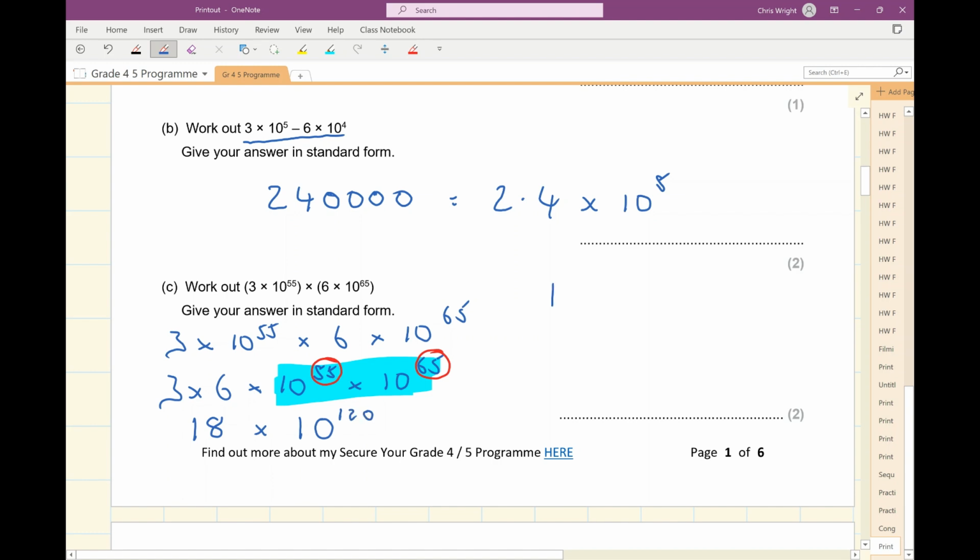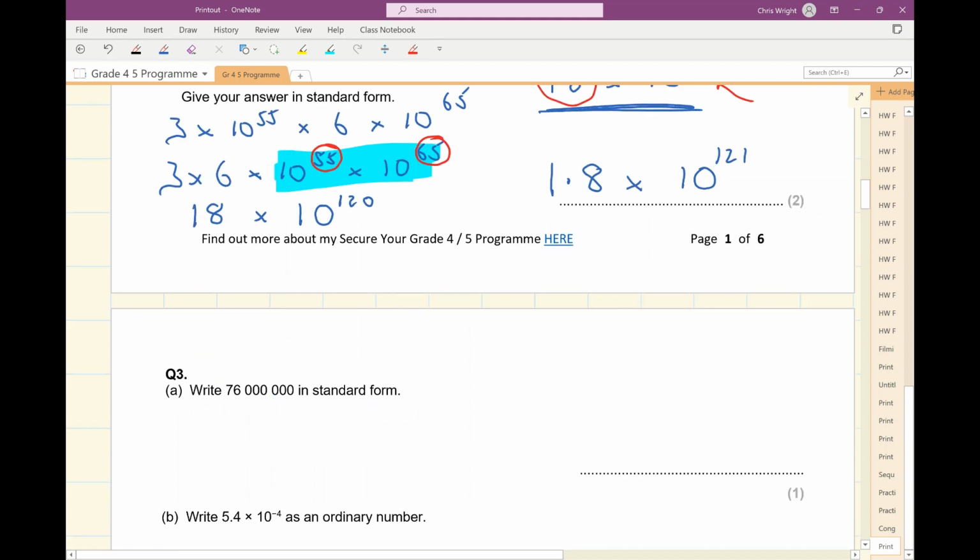So I'm tempted to say that that is my answer, but it's not quite, because that's not in standard form. If it's going to be in standard form, it has to start with 1.8. So it'll have to be 1.8 times 10 to the power of 121, because I've taken a power of 10 from here, so I'd have to add it back on to there.